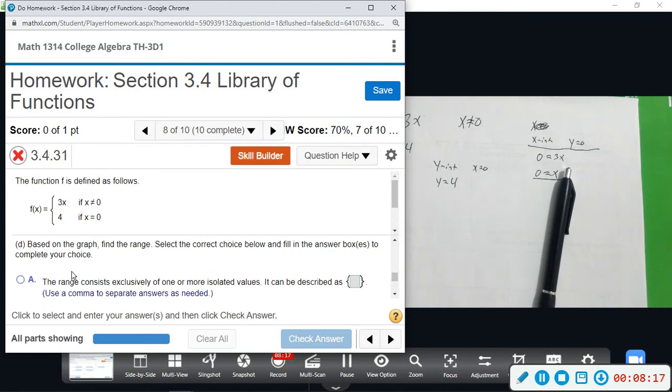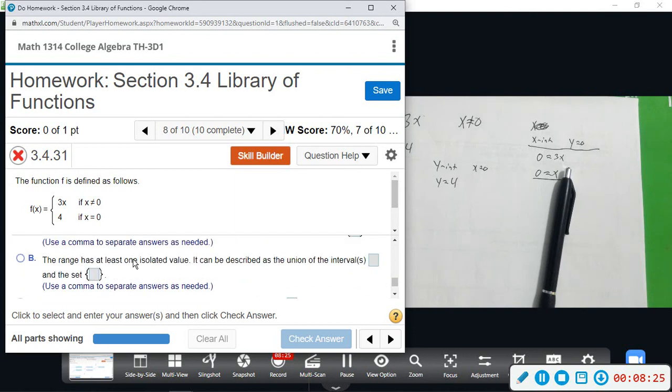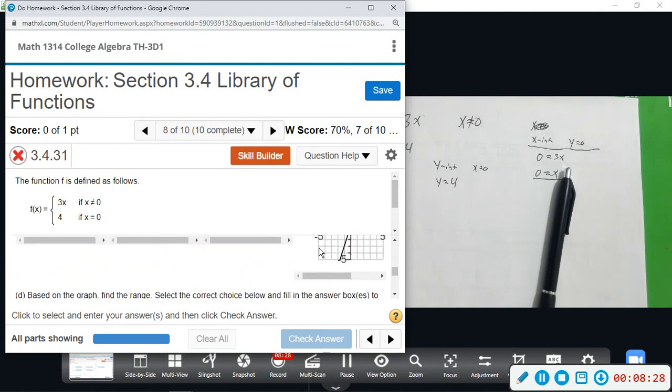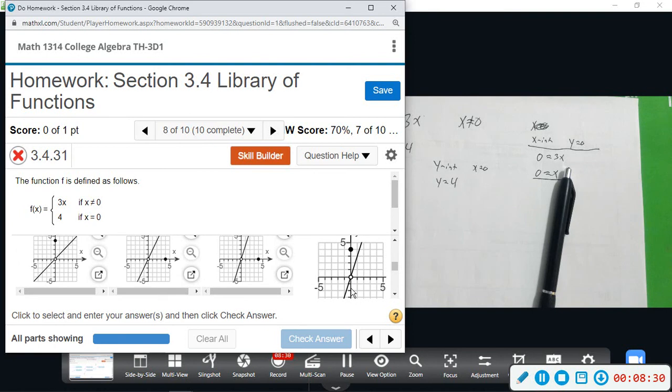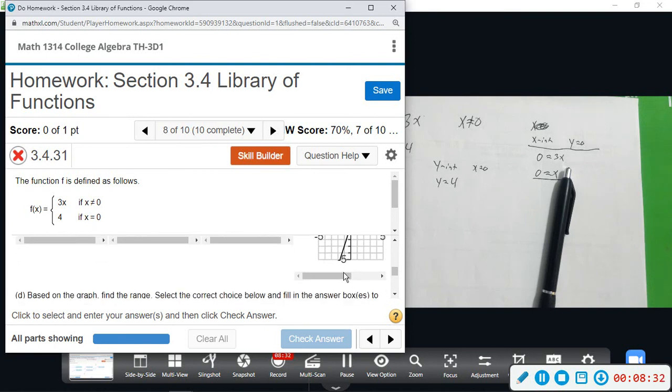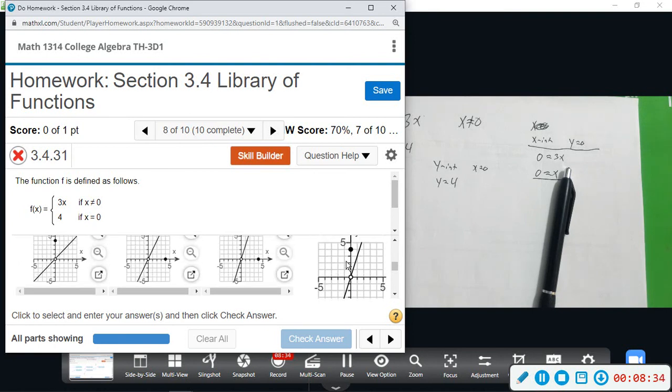And then part D, based on the graph, find the range. I'm going to select the choice that best fills in the box. Okay, so when we look at this graph, this line goes all the way down, so all of the negative y values.